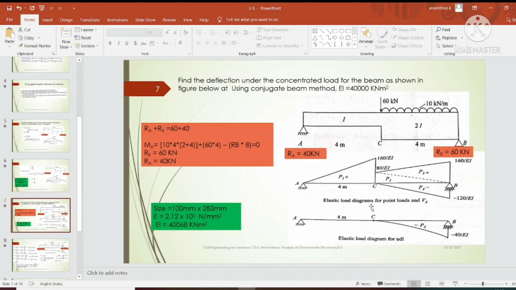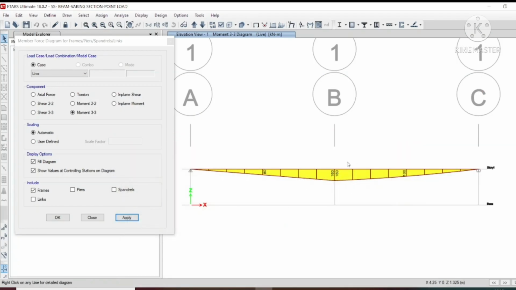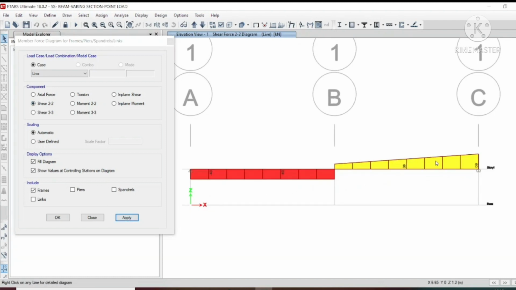And you can see this is a split bending moment, so this value is a combined bending moment. And for the shear force you can see 60, 40 and 40, 40 at the left hand side portion.